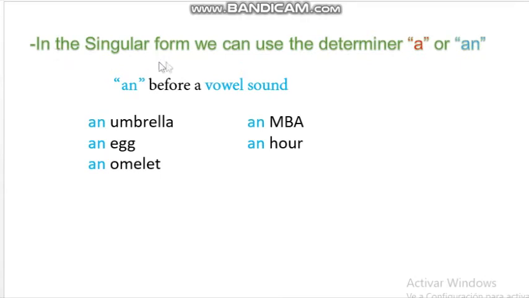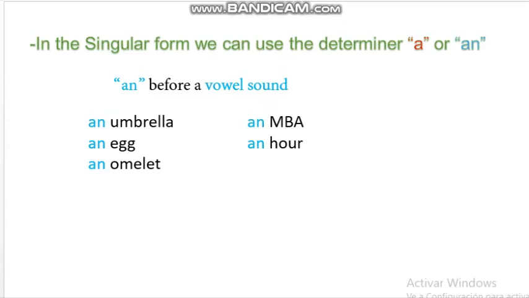Okay, now we are going to see the difference with an. In the singular form, we can use the determiner a or an. Before a vowel sound, the same, vowel sound, not vowel letter: an umbrella, an egg, an omelette, an MBA, an hour.